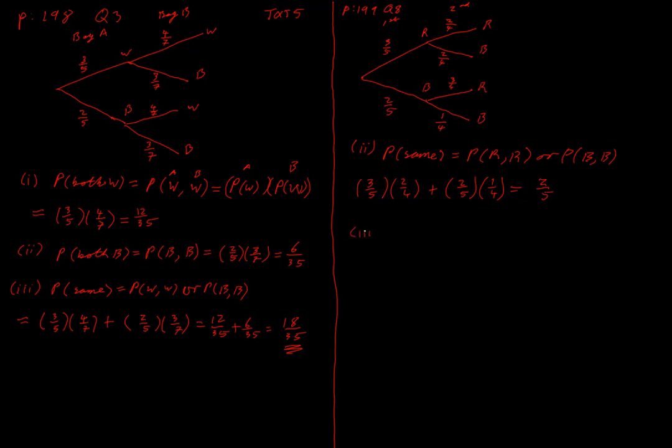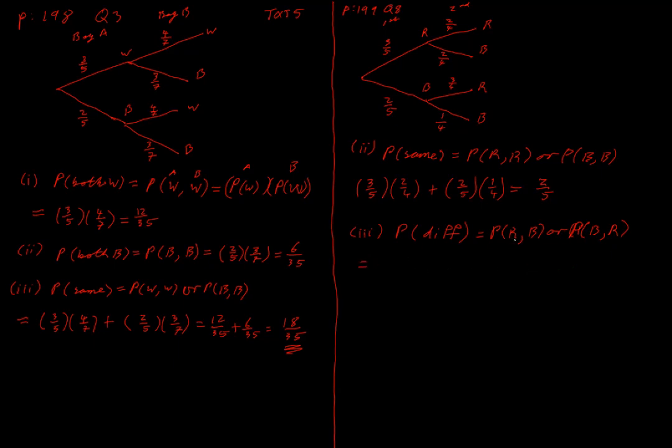And then part 3, find the probability that the two cubes are different colors. Well, what are the ways that we could get different colors? Well, we could get a red the first time and a blue the second time, or we could get a blue the first time and a red the second time.